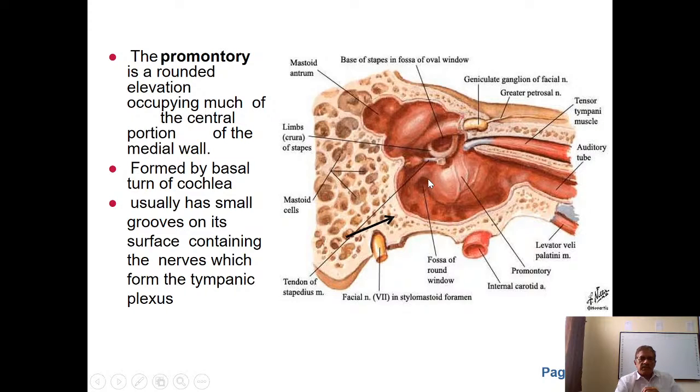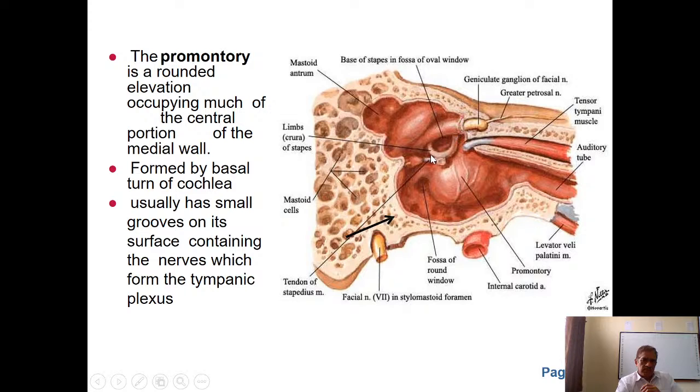So these are the important structures that are present in the medial wall of the middle ear cavity. That is, the promontory, once again, is the basal turn of the cochlear bulge, and the round window, which is covered by the secondary tympanic membrane.